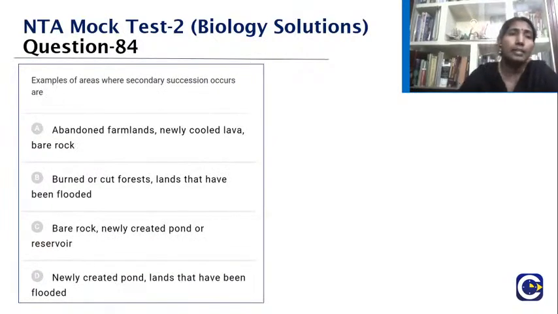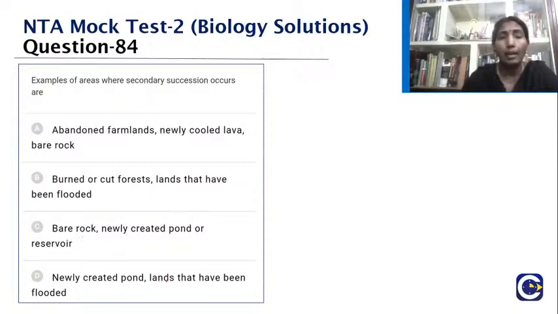Examples of areas where secondary succession occurs are abandoned farmlands, newly cooled lava, bare rock. The next option is burned or cut forest, lands that have been flooded; bare rock, newly created pond or reservoir.